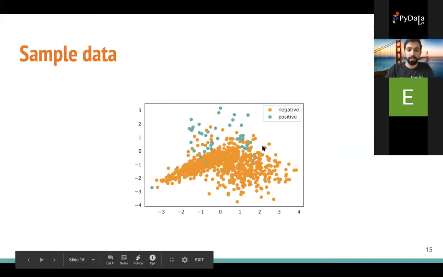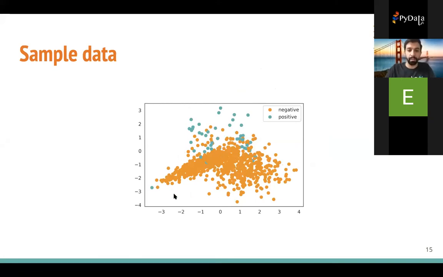The majority is the negative here, and the minority is the positive. These are these points, and there's some overlap here. We're going to use this data to illustrate how each of these methods deals with each point in the negative or positive class.